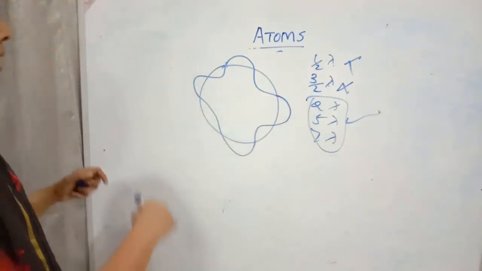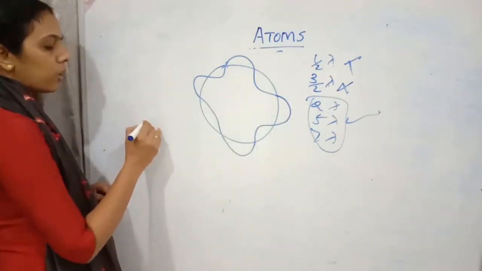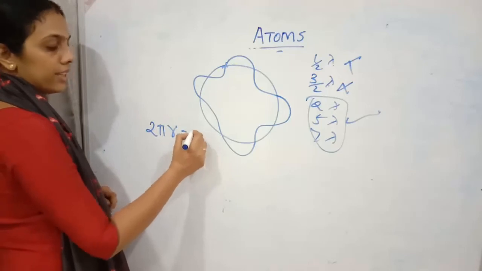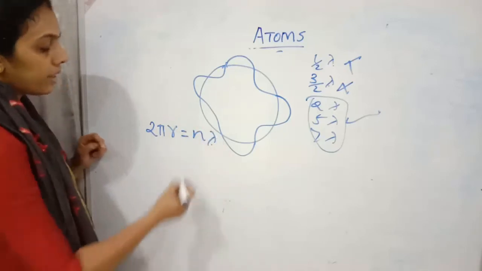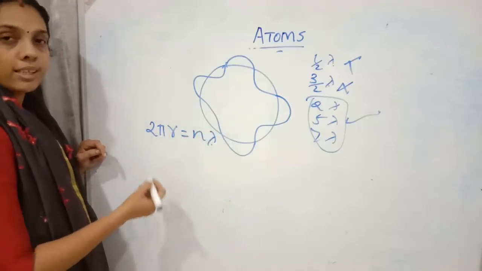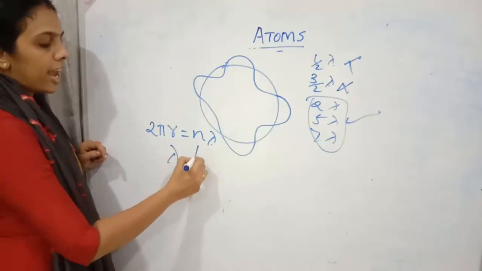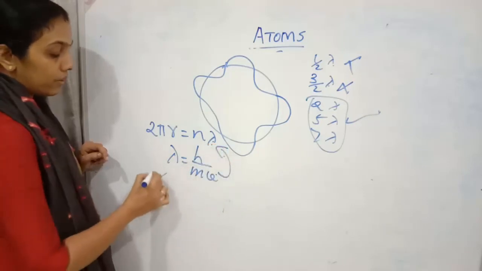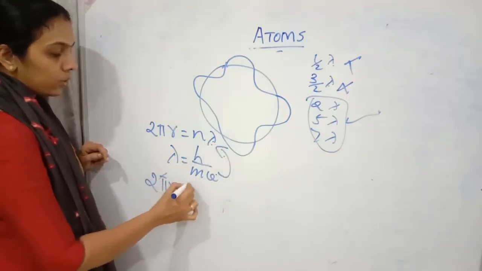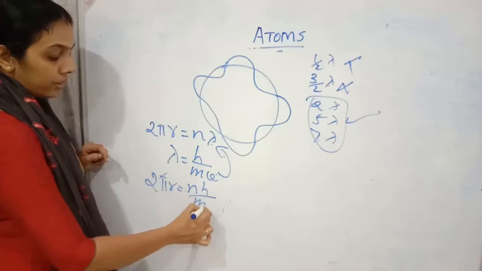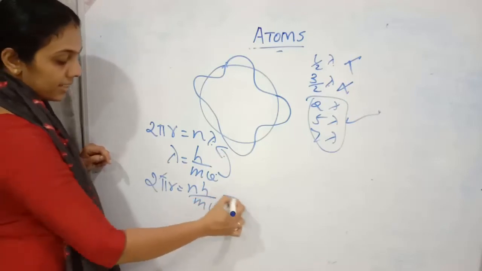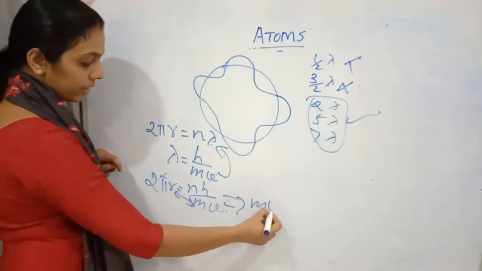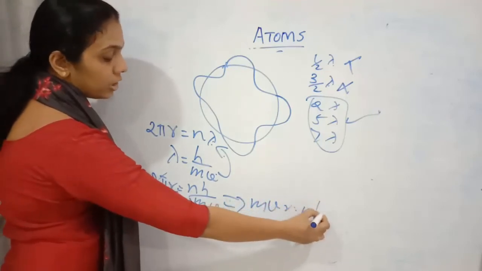Since it is a circular orbit, 2 pi r will be equal to n lambda. But as per de Broglie's hypothesis, lambda equals h by mv. Substituting this value, we get 2 pi r equals nh by mv, or mvr equals nh by 2 pi.